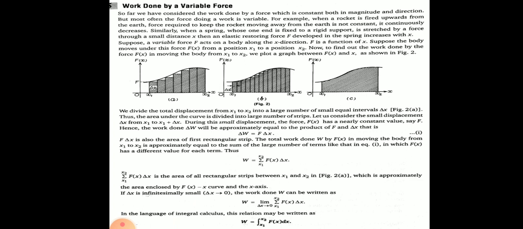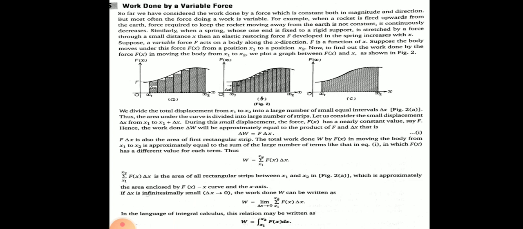That graph will be a line parallel to the displacement axis. So the area included in the graph will be the area of a rectangle, and the area of that rectangle will be force into displacement. Very clearly, the area of the graph plotted between displacement and force represents work done.